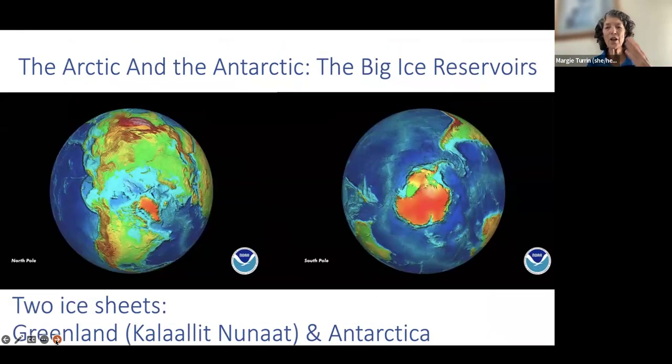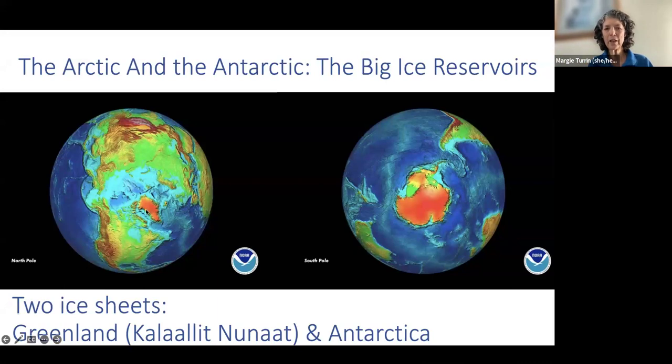And then there are also different kinds of ice. Aside from sea ice, aside from glaciers, we have these two massive ice sheets. And I love this representation because it's really looking at the thickness, the elevation of those two ice sheets.